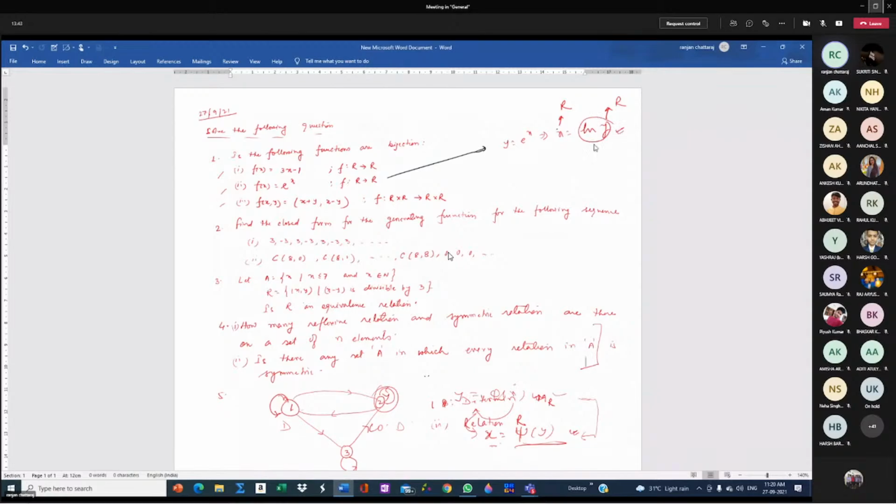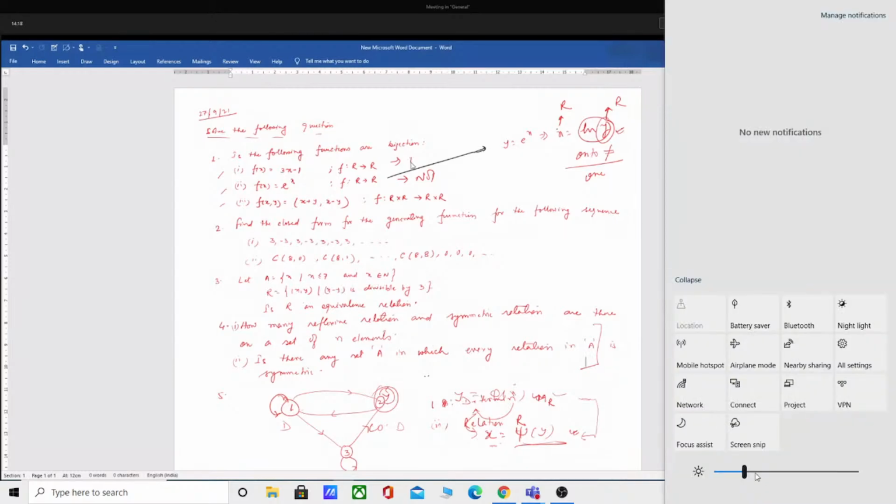So as per the definition, we are getting either plus infinity or minus infinity. That means for all values of y belonging to R, the function is not defined. If the function is not defined, that means it is not onto. It is not onto, but one-one. So it is not bijective.